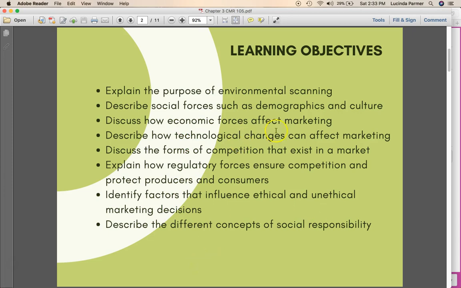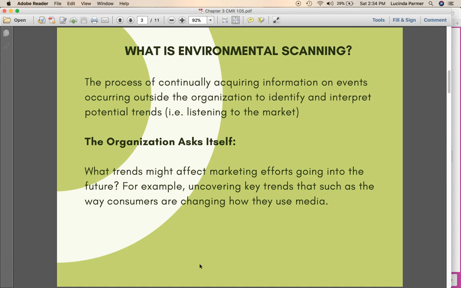So essentially the learning objectives are just really breaking down environmental scanning into several learning objectives, and then there's a few more in here about ethical and unethical marketing decisions and social responsibility and what that means to a company.